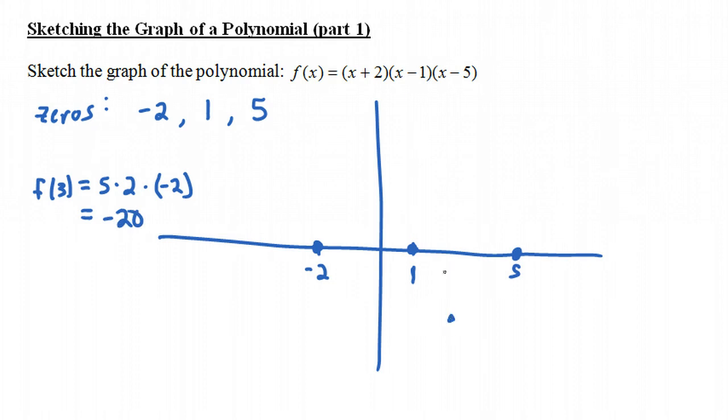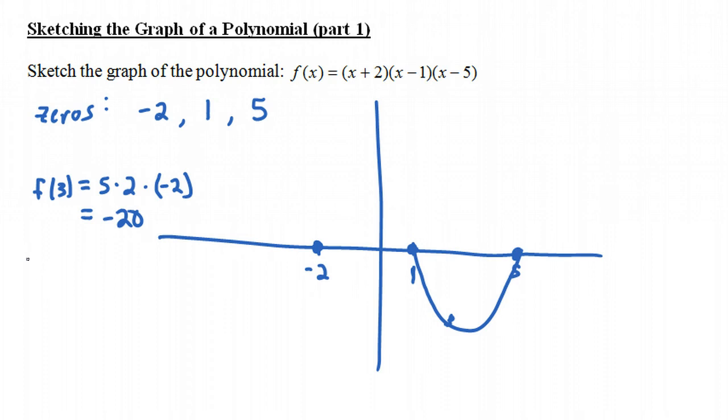It's way down here, right? The point is, if you take any number between 1 and 5, I just picked 3, but any number, we're going to be below the x-axis. The graph will be below. Now, if it's below for one number, it'll have to be below for all numbers because we're never crossing the x-axis anywhere between 1 and 5.